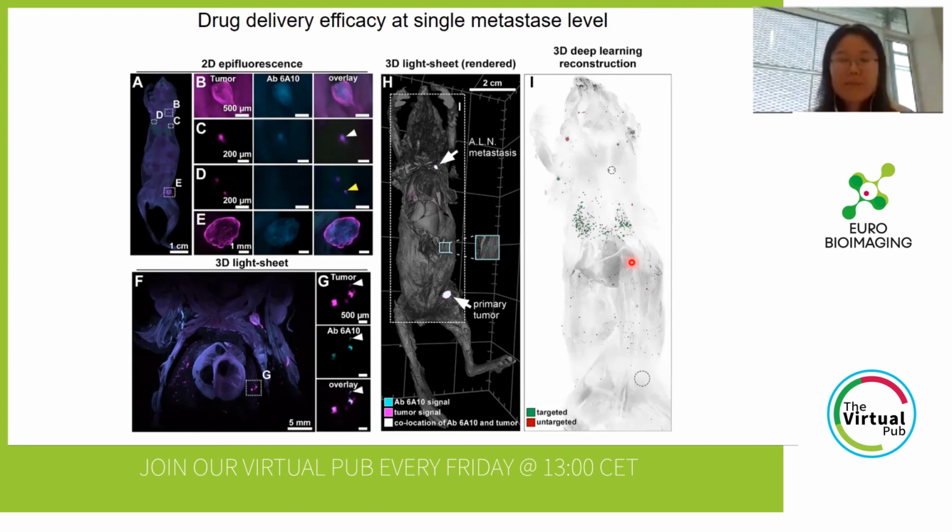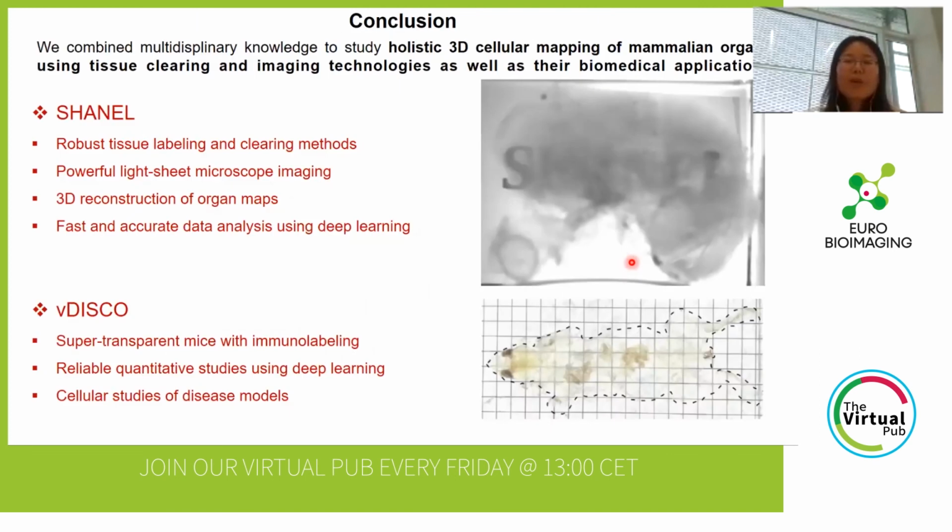So with all of the data, I hope that I convinced you that we combine multidisciplinary knowledge to study the holistic 3D cellular details of mammalian organs using the tissue clearing method and also imaging method. And then we try to use our method to study some biological applications.